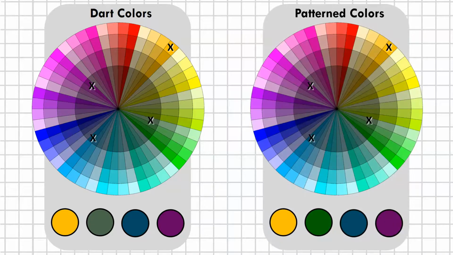But what I can do is pull up the second version, and if we look at the X across the green dart, we can see where it would move to pull all of these X's within a pattern. And we can look across the bottom and ask, is the second set of colors, the pattern colors, better than the first set? I would say in this case, yes.